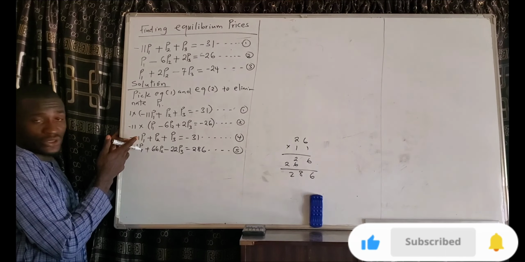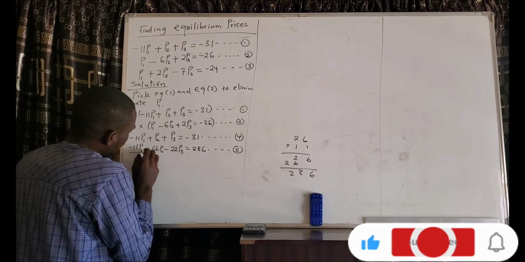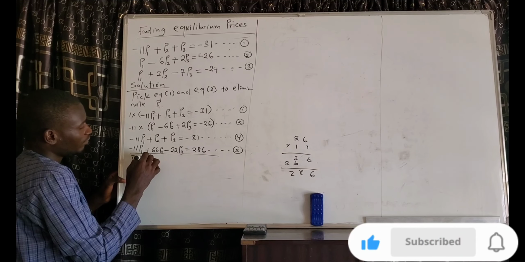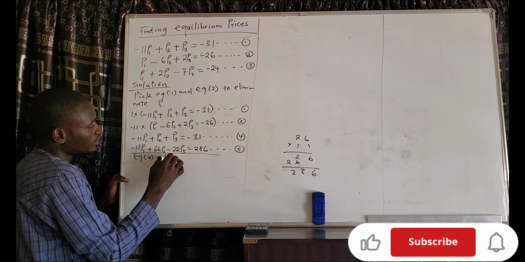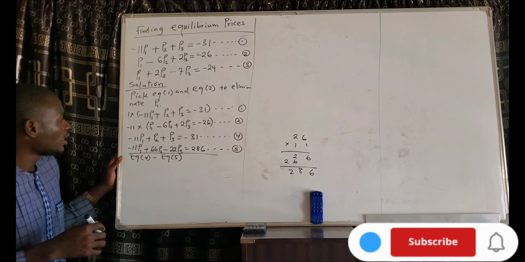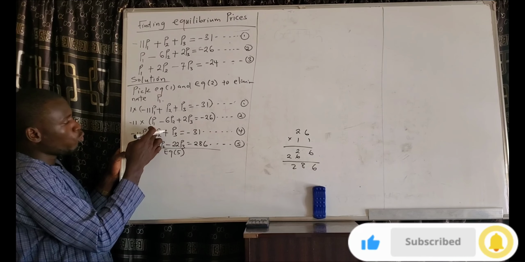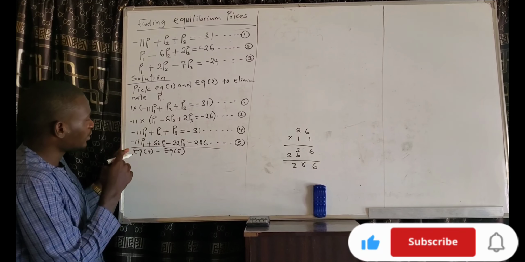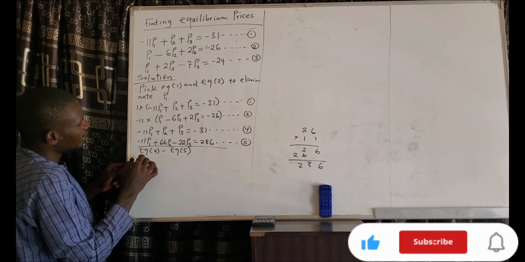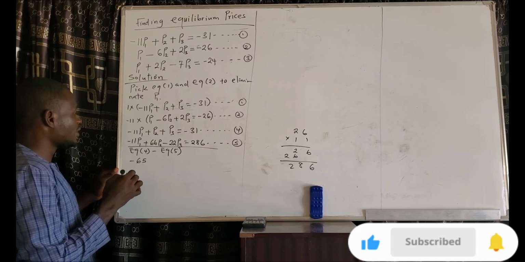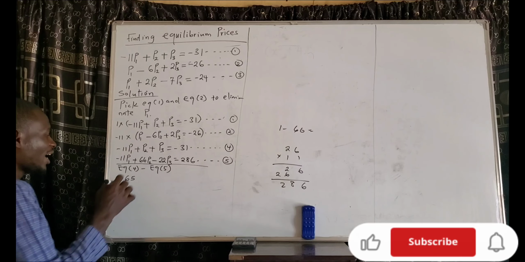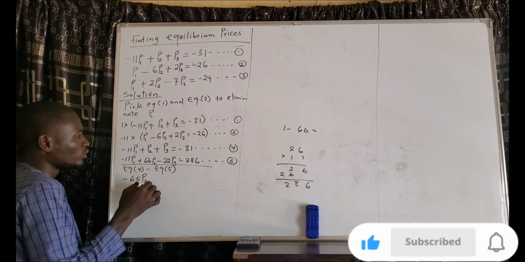Now we want to eliminate P1, so we are going to subtract: equation 4 minus equation 5. Then you have 1 minus 66, which gives negative 65 P2.